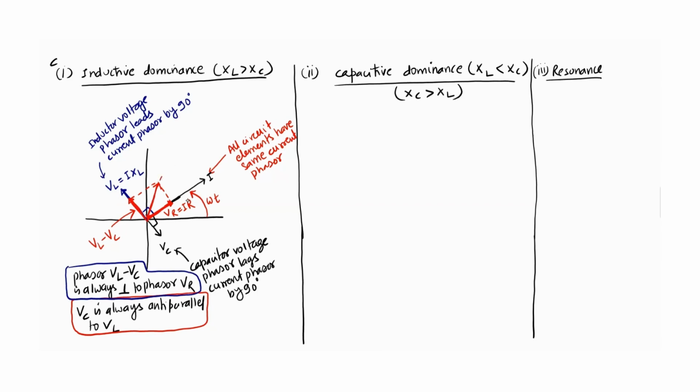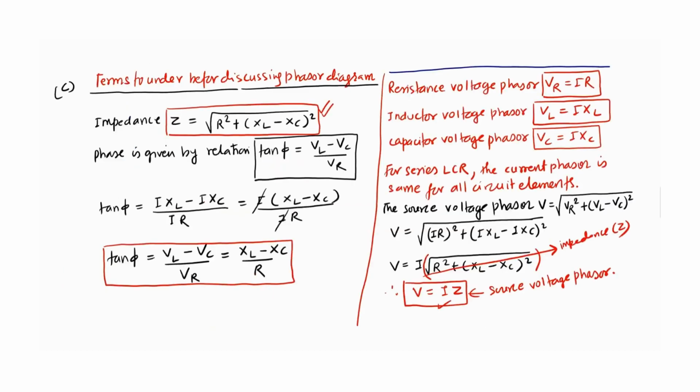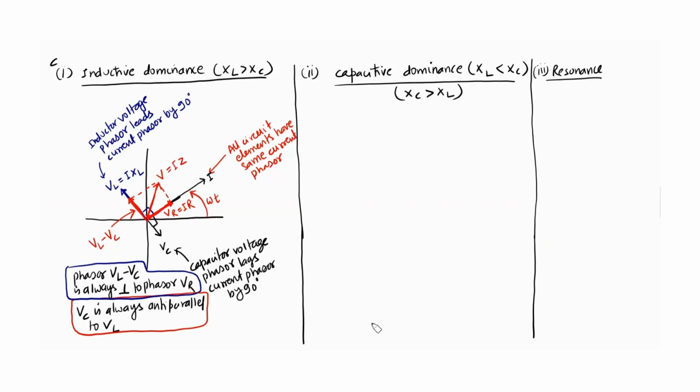This is the voltage phasor of the source. So V equals I times Z. This is the source voltage phasor.